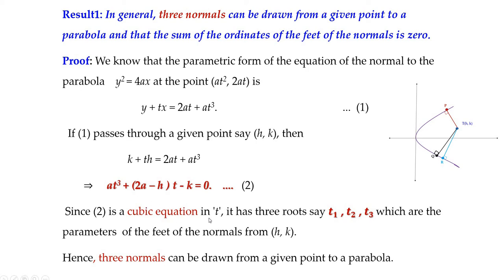Now this is a cubic equation in t, and therefore should have 3 roots t1, t2 and t3. So that is the reason why we conclude that 3 normals can be drawn from any point, and we can only draw 3 normals from that particular point, because of the cubic equation that we have when we consider the parametric form.